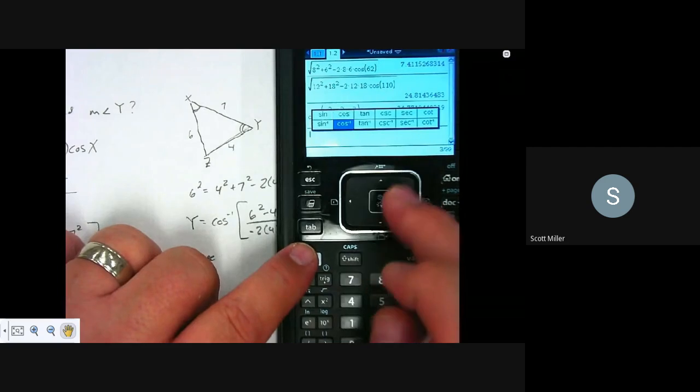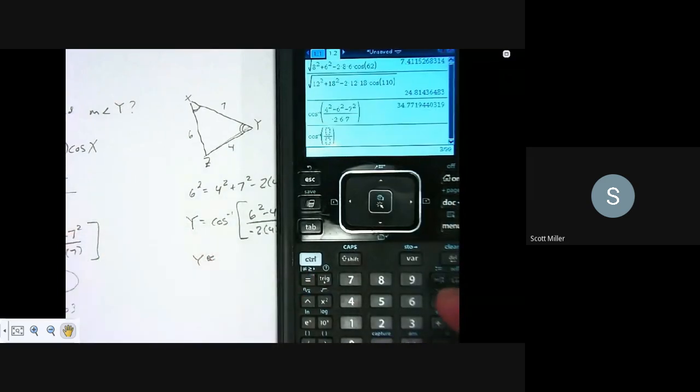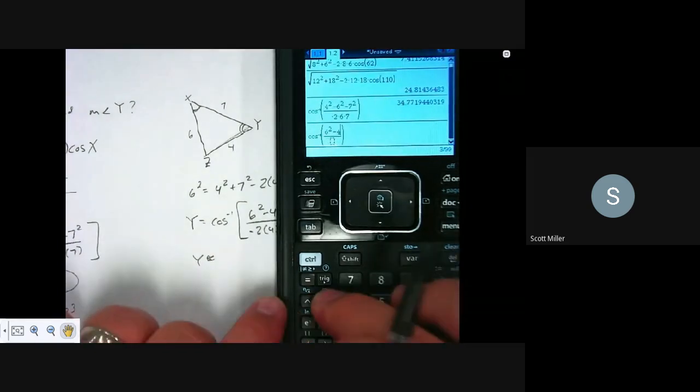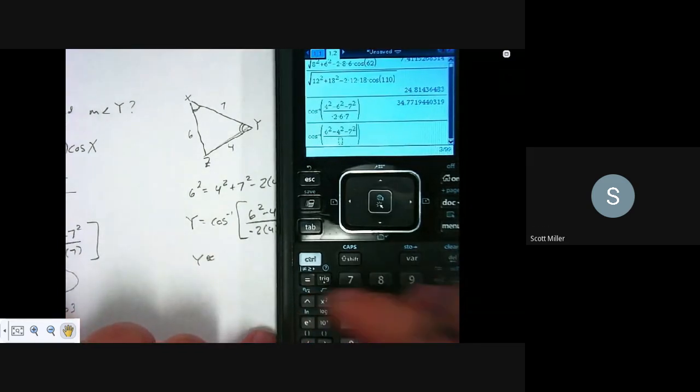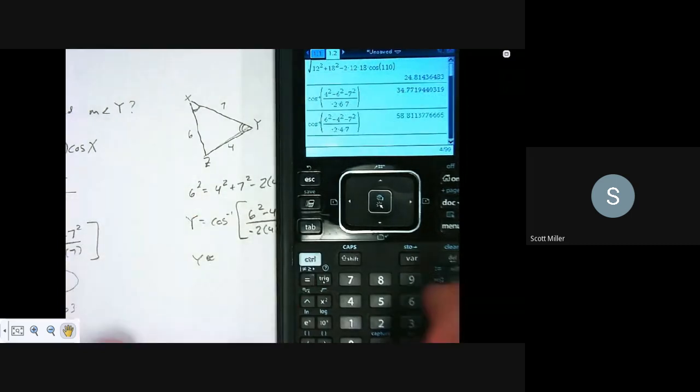So cosine inverse, fraction, and then we have 6 squared minus 4 squared minus 7 squared over negative 2 times 4 times 7. And there we go.